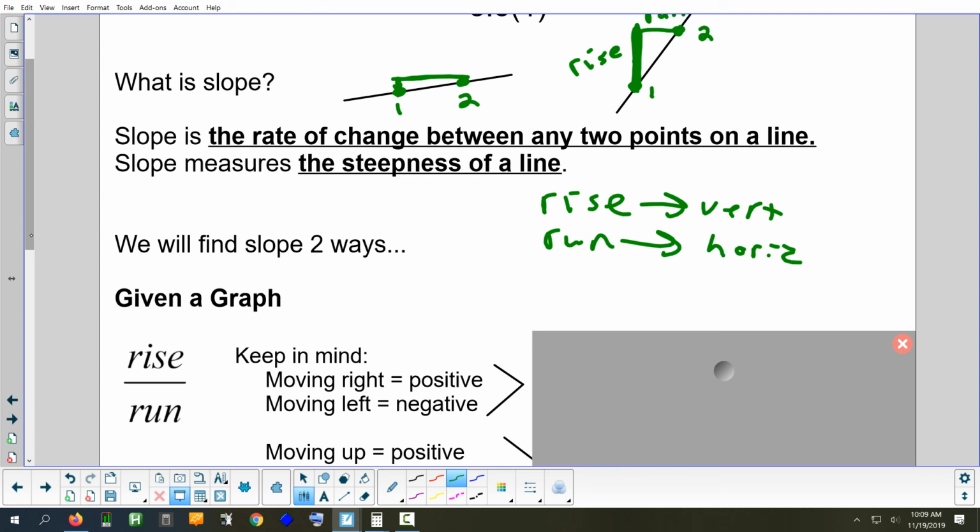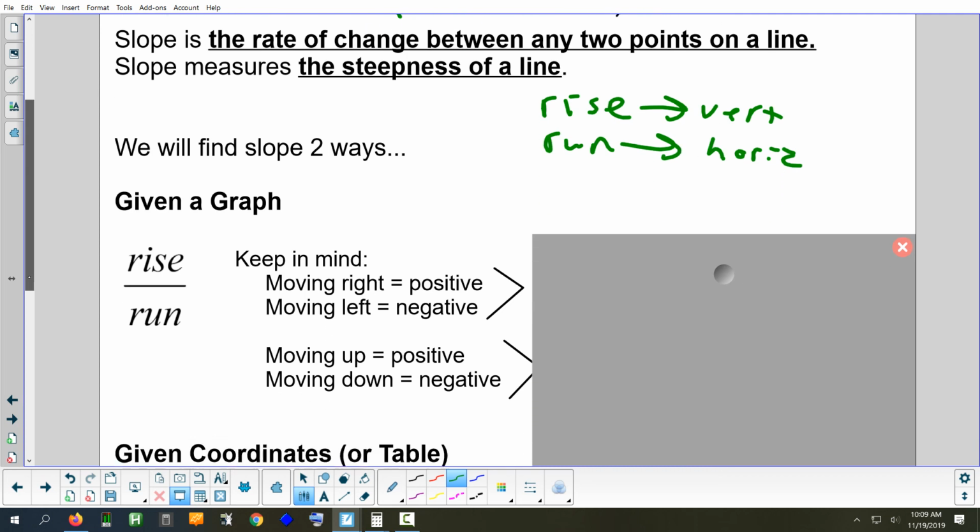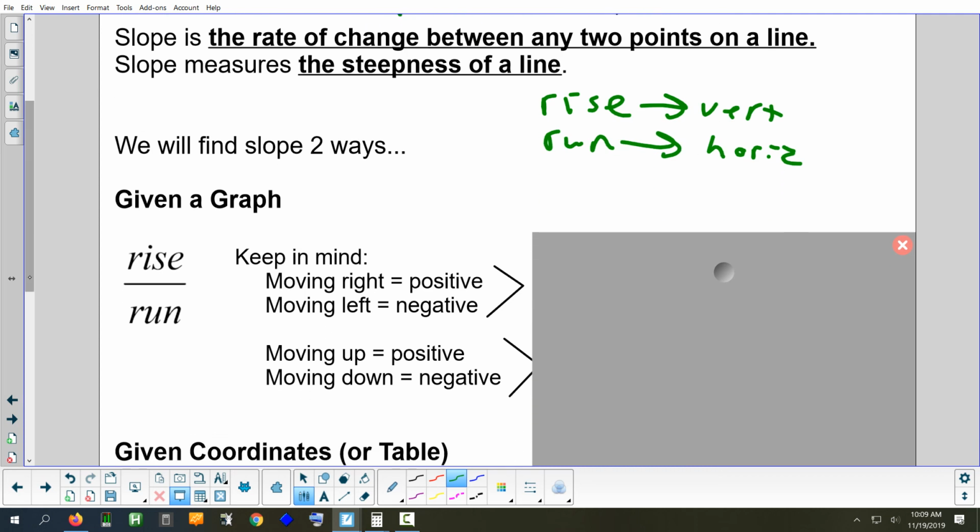Well, in math, if you go left, that means something. If you go right, that means something else. If you go left, that's negative. If you go right, that is positive. So when we're counting rise and run, which way you go is going to change if you count positive or negative.